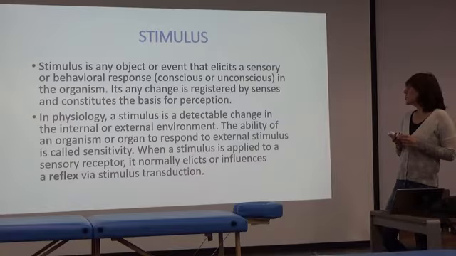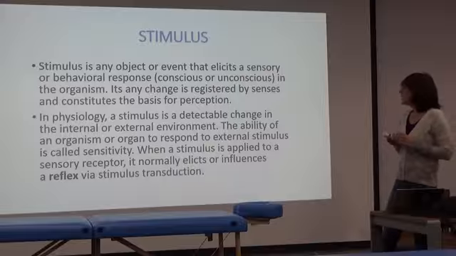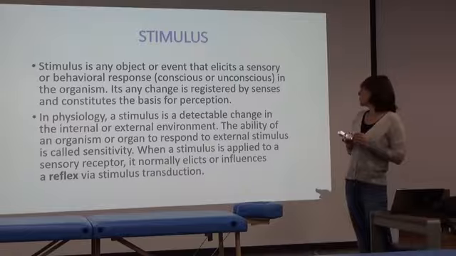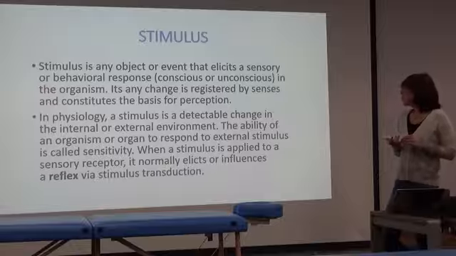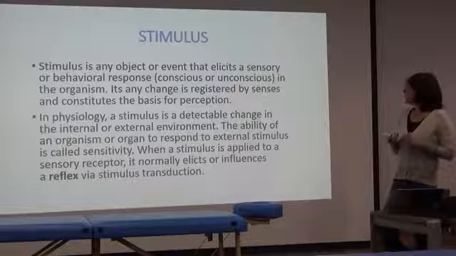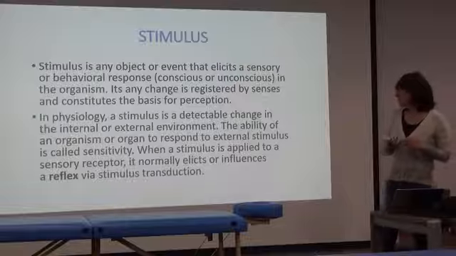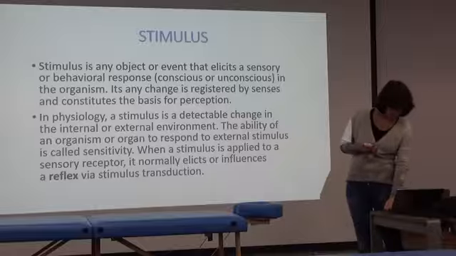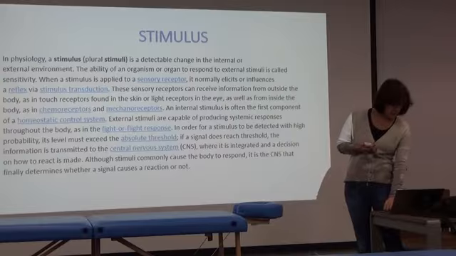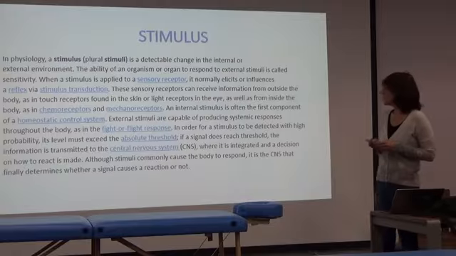In physiology, a stimulus is a detectable change in the external or internal environment. And the ability of an organism or organ to respond to an external stimulus is called sensitivity. When a stimulus is applied to a sensory receptor, it normally elicits or influences a reflex via stimulus transduction. So we know already that a reflex is an automatic response.